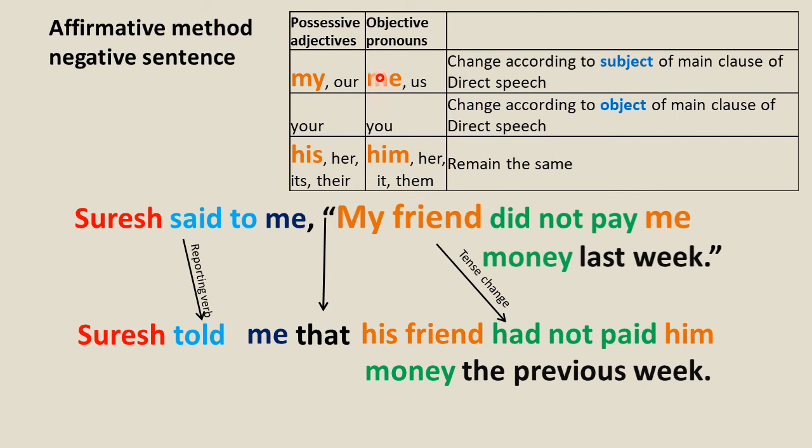Me is an objective pronoun and it is a first person pronoun, and please follow the rule: me can be changed according to the subject of the main clause, and Suresh is the subject and Suresh refers to he, so me becomes him. So that's why me becomes him. Got it?